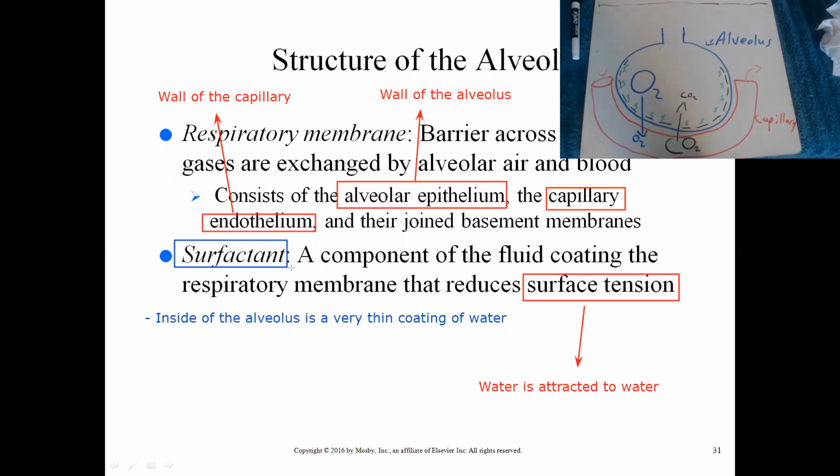And a surfactant, as it says in the slide, reduces the surface tension. So we can have the water that we need, but the surfactant reduces the surface tension so the water doesn't make the alveolus collapse.